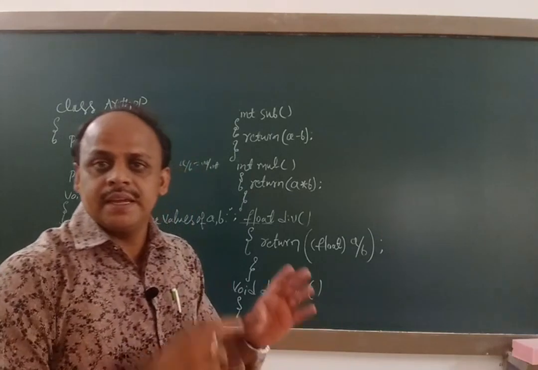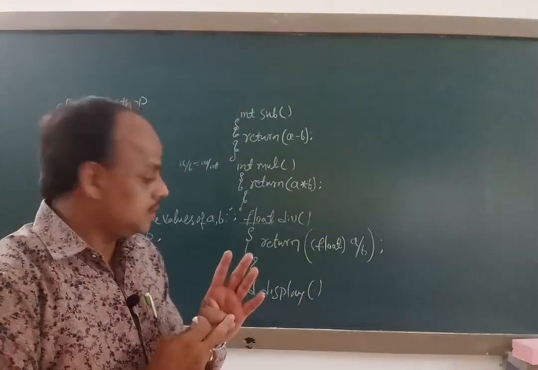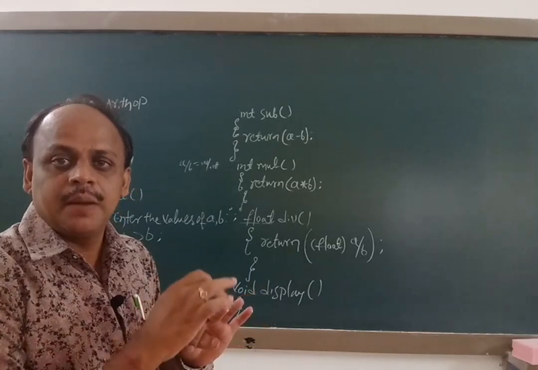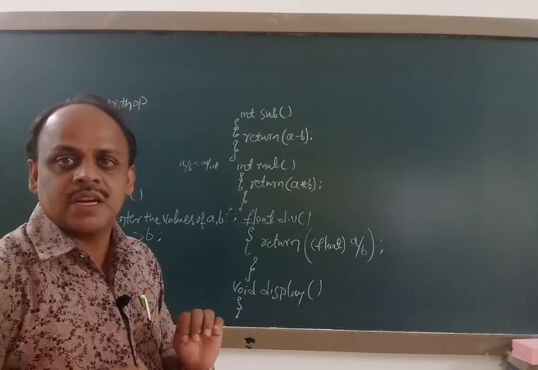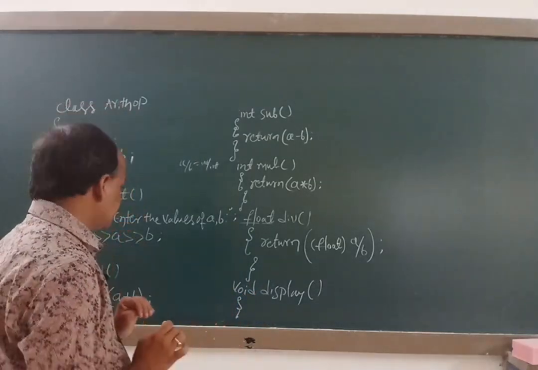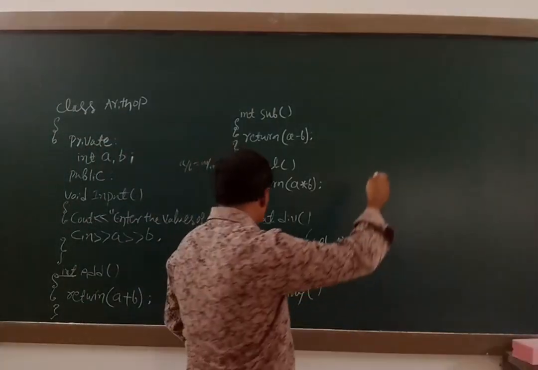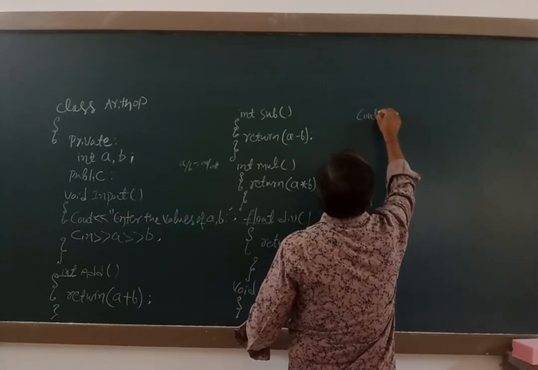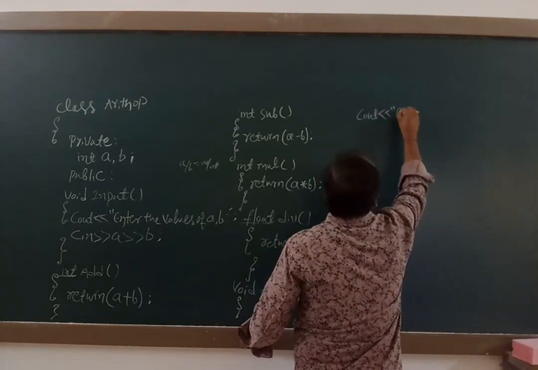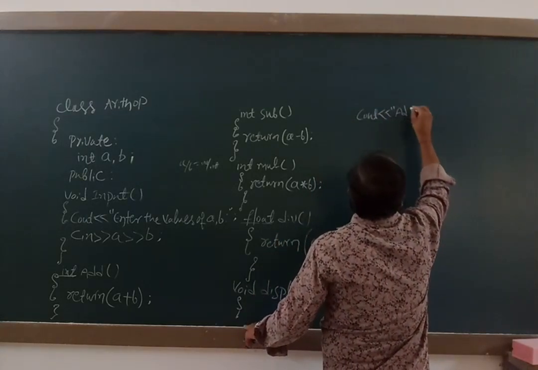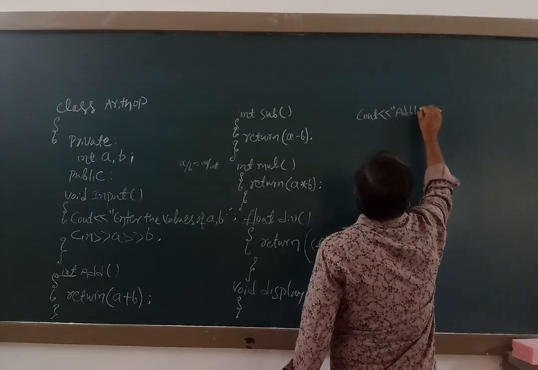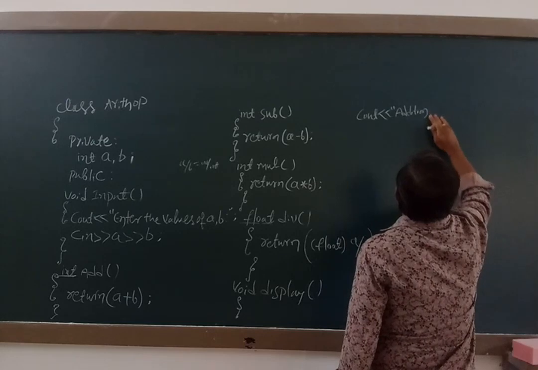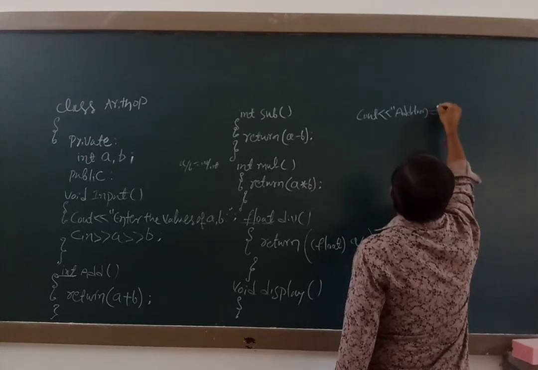We have to display the sum of two numbers, subtraction of two numbers, multiplication of two numbers, division of two numbers, right. So I am writing here display, what? Cout addition is equal to what?